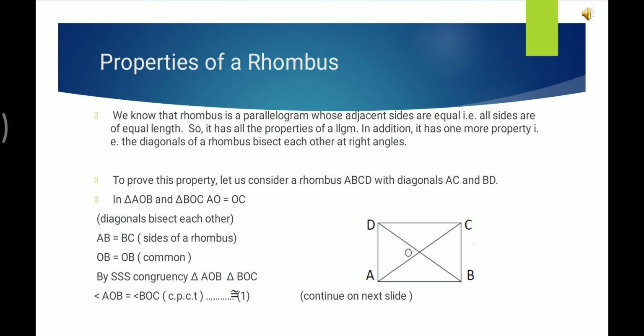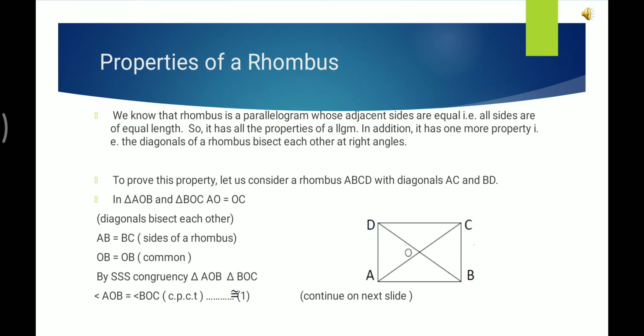In addition, rhombus has one more property than parallelogram, that is, the diagonals of a rhombus bisect each other at right angles. To prove this property, let us consider a rhombus ABCD with diagonals AC and BD.